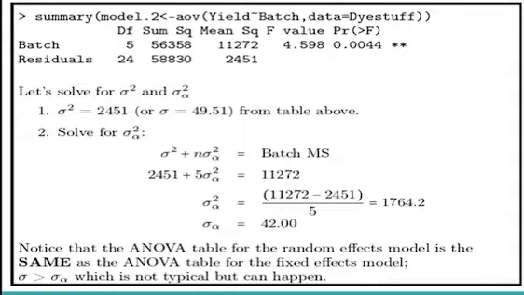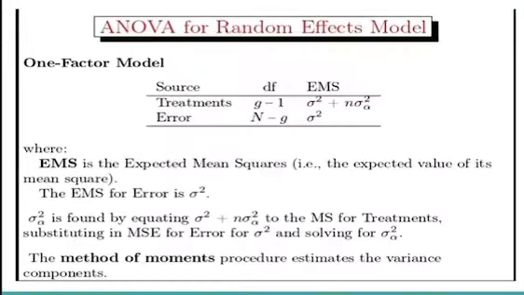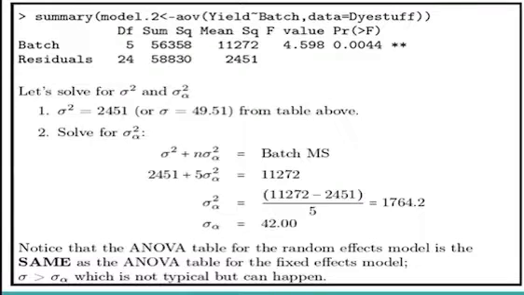Even though it's telling us here that there's a significant difference in the batch, we're not only interested in that. We also want to obtain the sigma squared alpha. And how can we obtain it? Don't forget, in the EMS column for treatment, it is sigma squared plus n sigma squared alpha, and I need to solve an equation. I'm going to equate that to 11272.